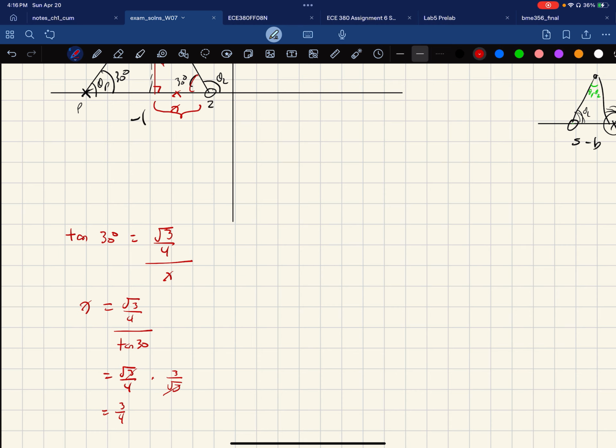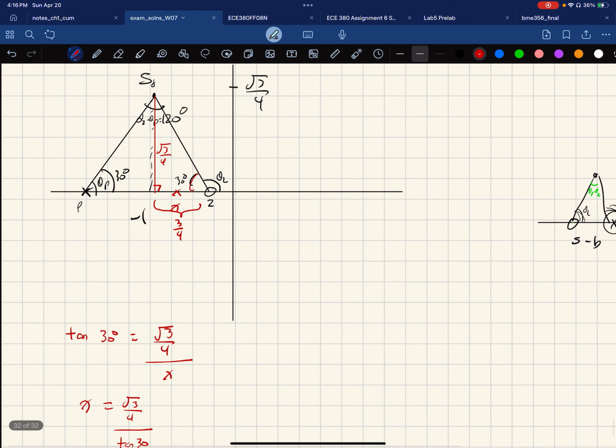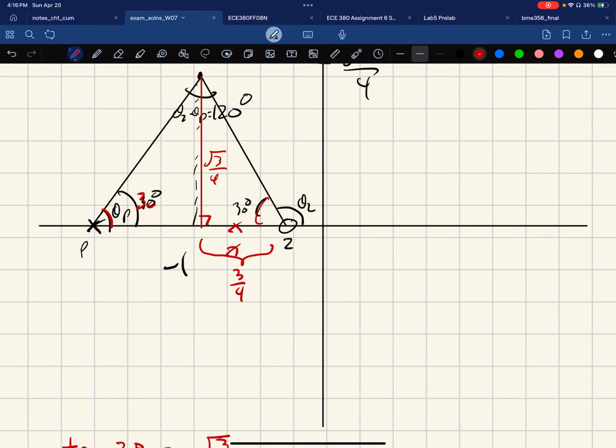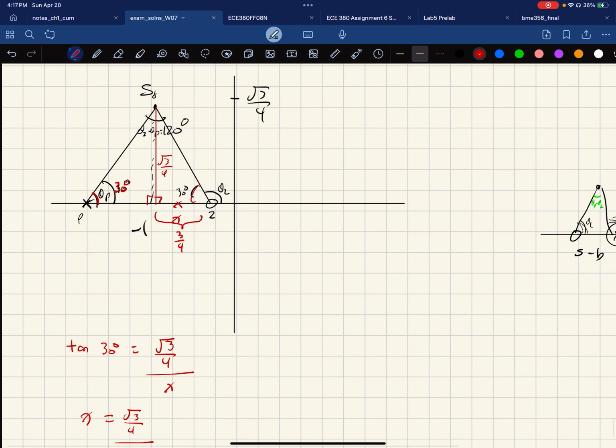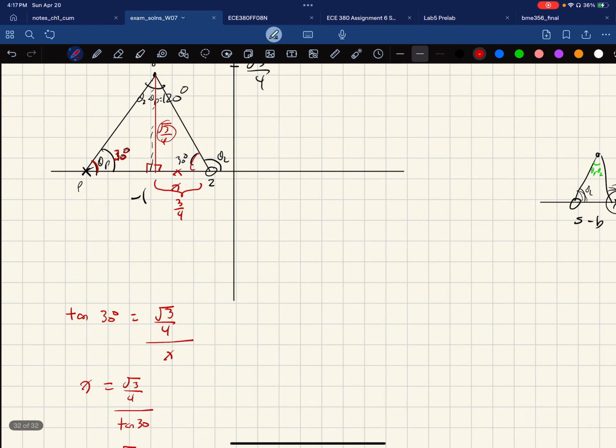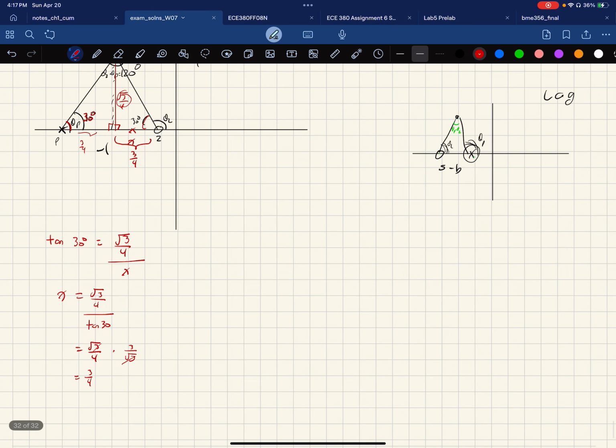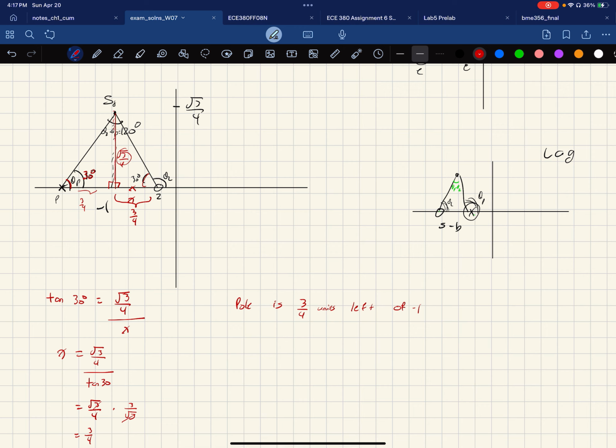So this distance over here is going to be 3/4, and by symmetry, since this angle is the same, 30 degrees, and this angle is the same, 90, then this is also going to be 3/4. That means the pole is 3/4 units left of -1, -1 being the center equidistant point at which s_d exists, and the zero is 3/4 units right of -1.